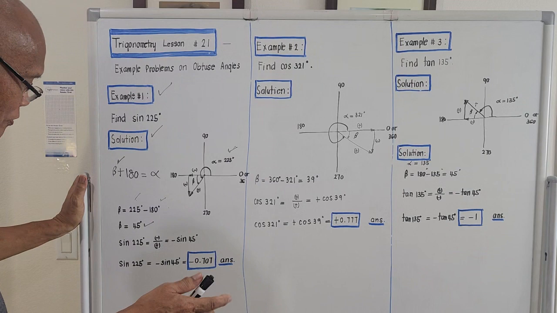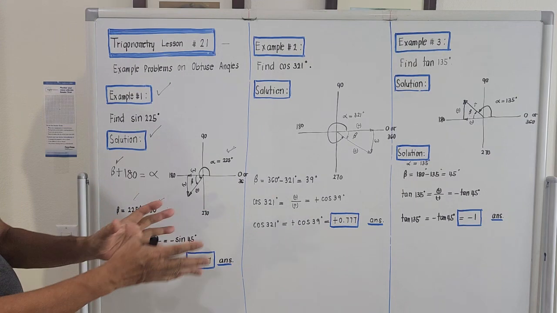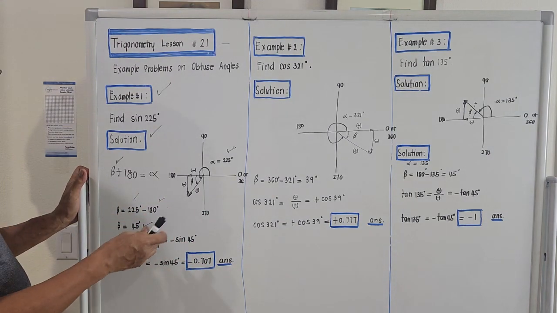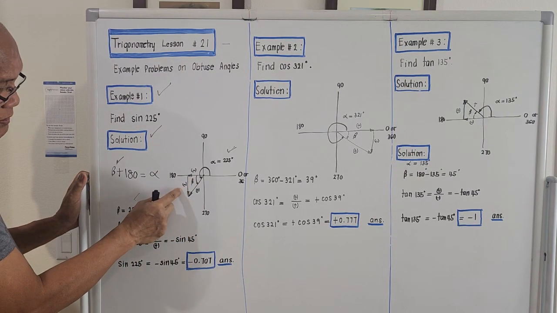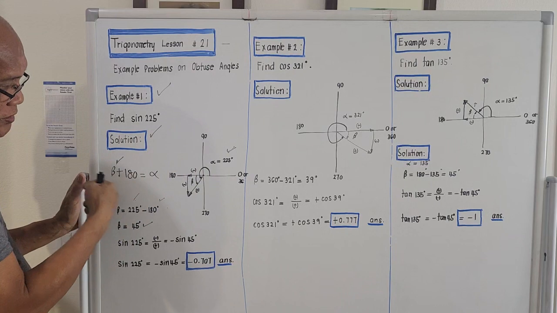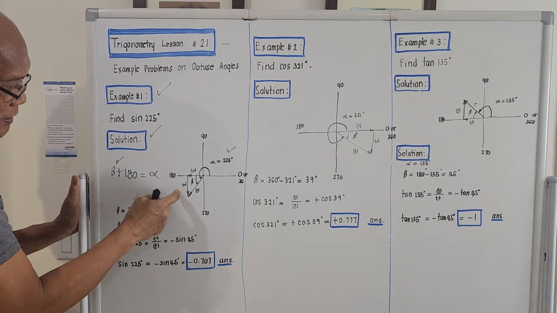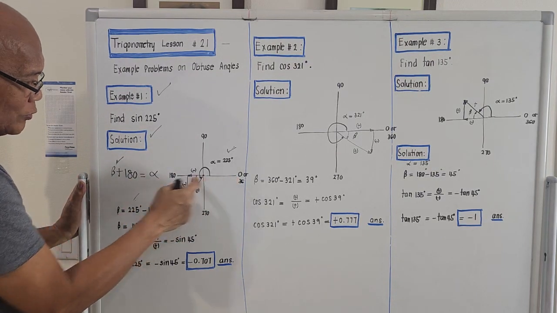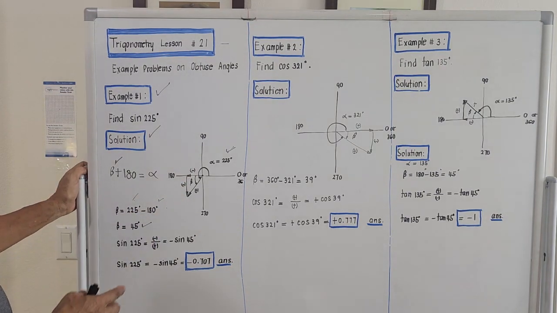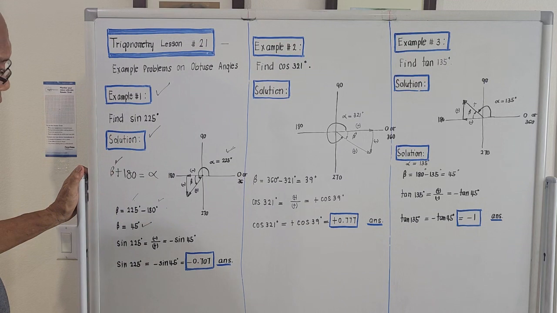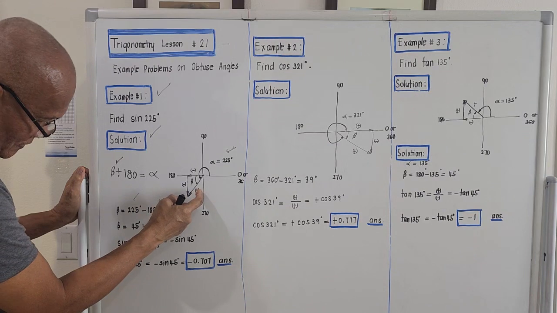Now for the solution, sine of 225 degrees, let's first bring out the sign. For an angle in the third quadrant, the horizontal side is negative, since it is to the left of the 0 and 90 degree line, and the vertical side is also negative, since it is below the 0 and 180 line. The sine function is opposite over hypotenuse.